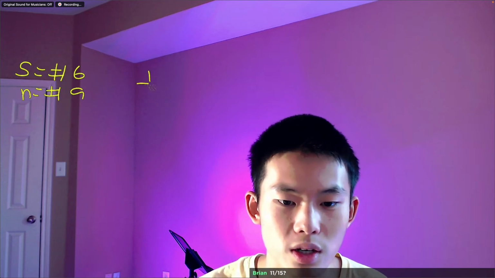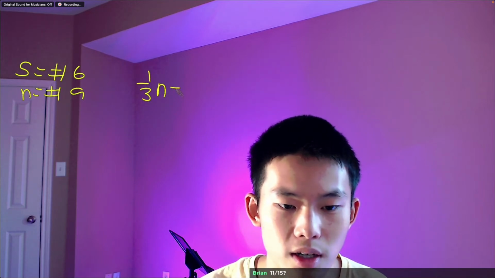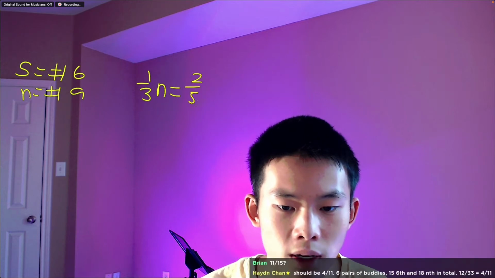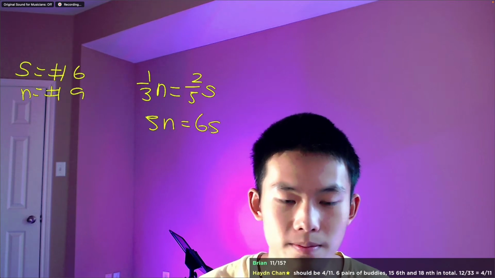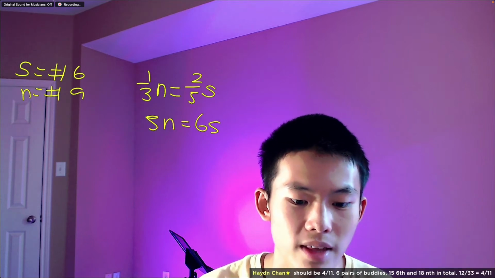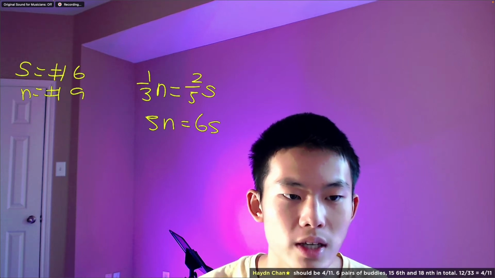So 1/3 of all the 9th graders is equal to 2/5 of all the 6th graders. And we can simplify this to get 5n equals 6s. And finally, after that, we want to figure out what total fraction of 9th graders and 6th graders have a buddy.